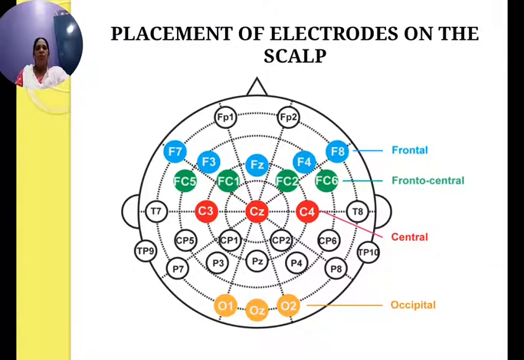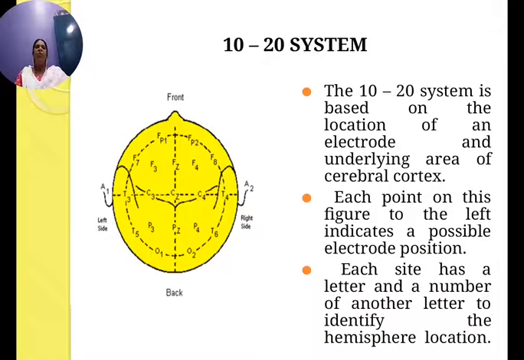So the 10/20 system. The 10/20 system is based on the location of an electrode and the underlying area of the cerebral cortex.